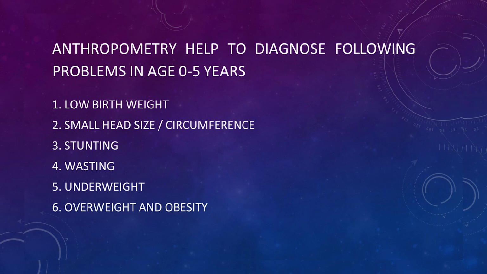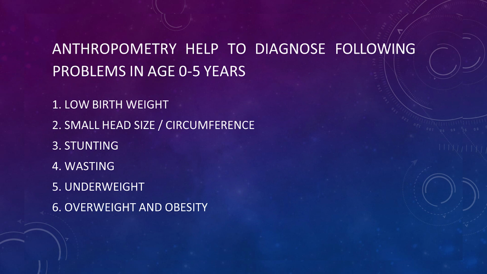Then stunting, where the growth is stunted, there is no normal growth of the child. Wasting is another diagnosis we can do through anthropometry. Then underweight, overweight and obesity. These are the conditions we can diagnose in a child of age group 0 to 5 years with the help of anthropometry.